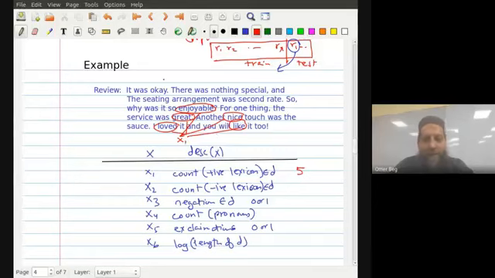Okay. So let's look at the negative words. Second rate, let's say, is a negative word. And let's say even okay is a negative word. So I have x2, so I put down 2 for the negative lexicon.